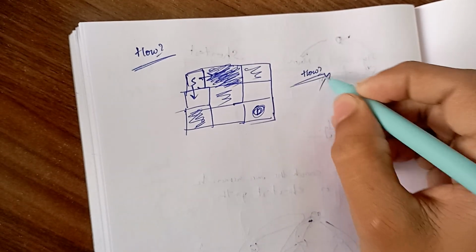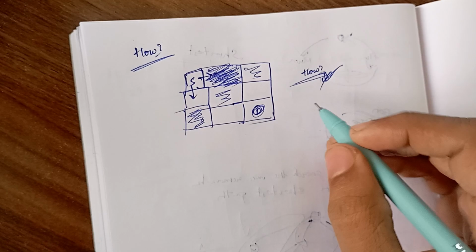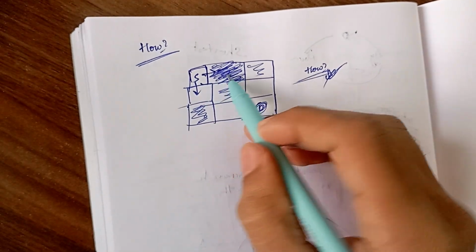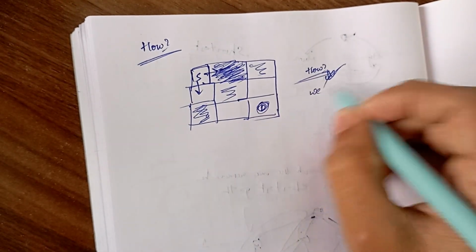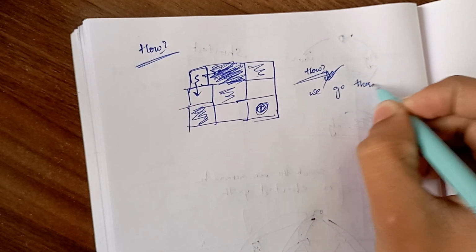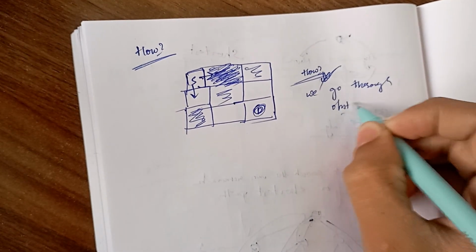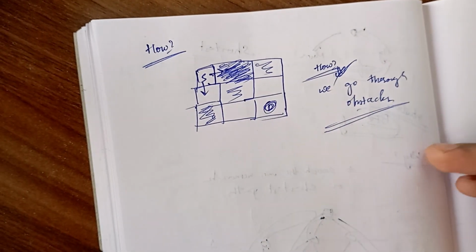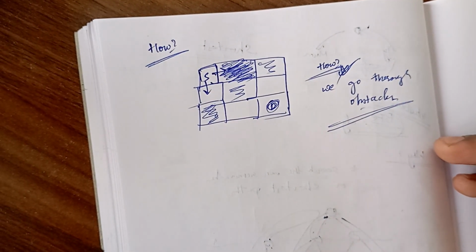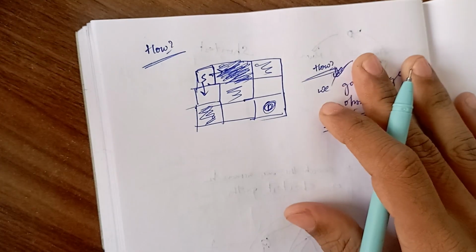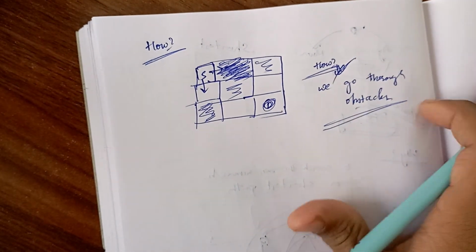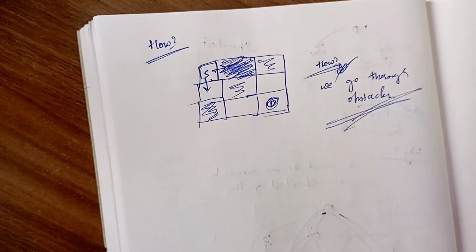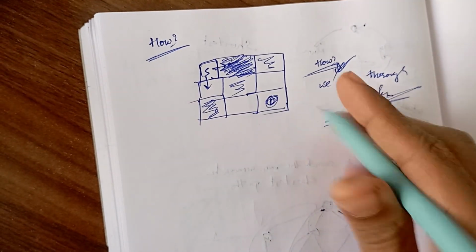How can we solve this question? We also go through these obstacles. Keep this in mind. In other questions, we will not go through obstacles, but we go through the empty cells and reach our destination. But here, we will be going through obstacles. Let me tell you in a few seconds why.